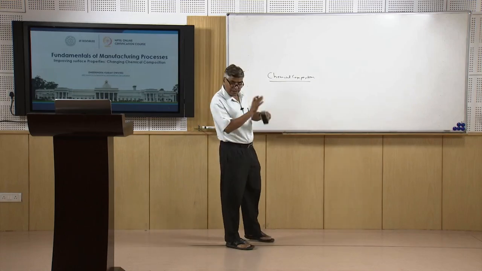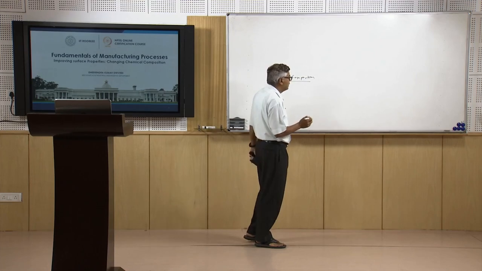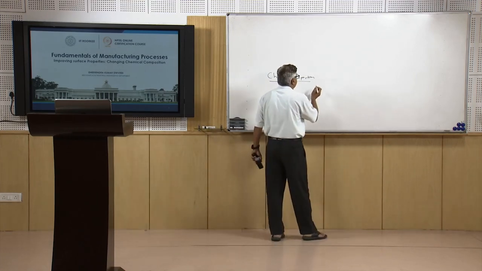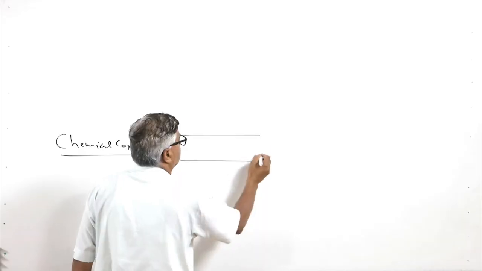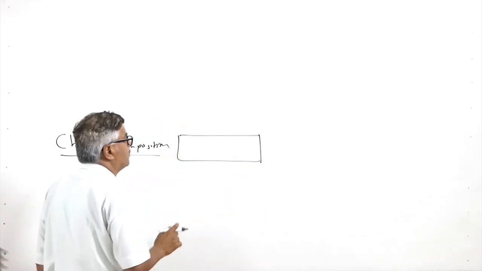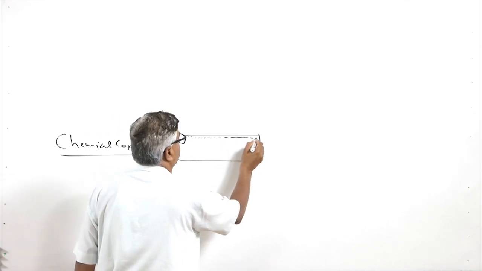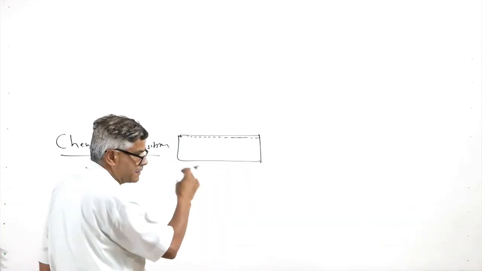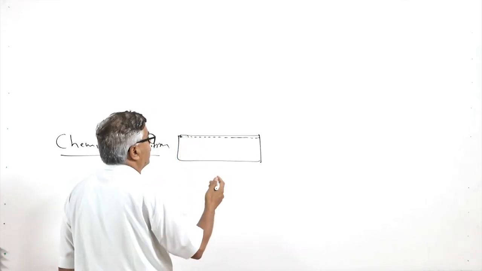So there are various mechanisms used to modify the composition of the material. This is the component whose surface properties are to be improved. The composition of the near surface layers of the component is modified by having a suitable environment.